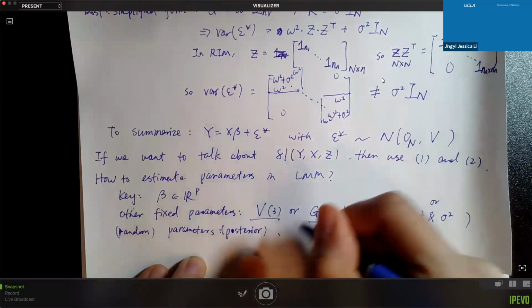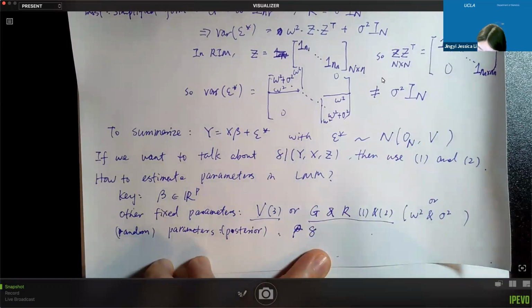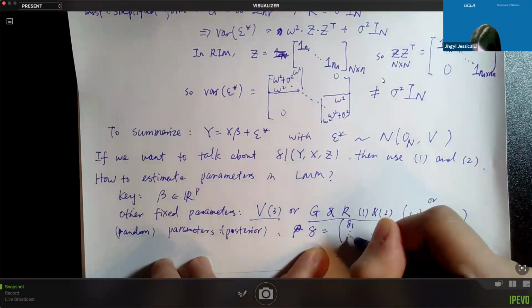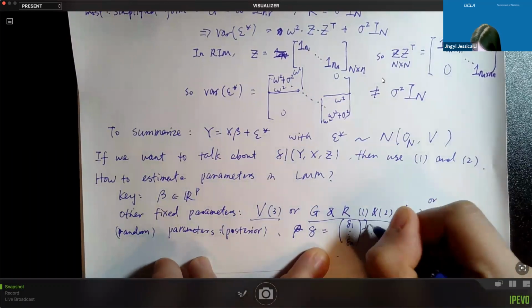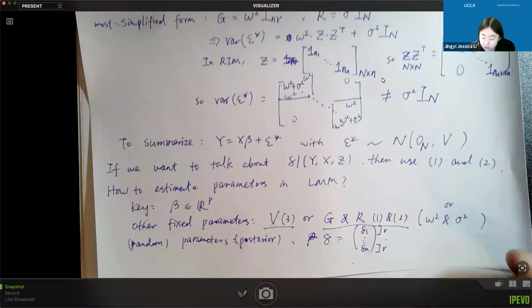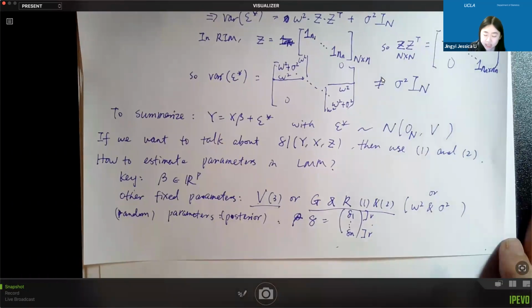So in this case, it will be delta, right? And delta itself is combined from n delta_i's, so this is actually delta_1 to delta_n, each is r-dimensional. So we can also talk about this. So you see, these are all the parameters we can talk about in the LMM.